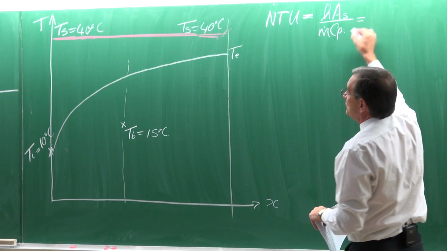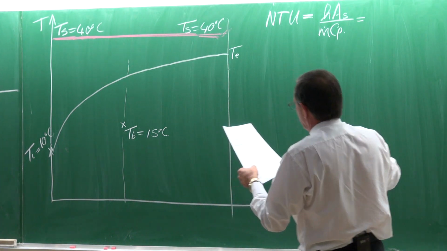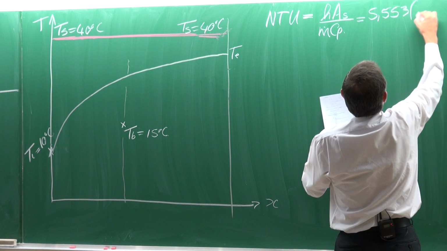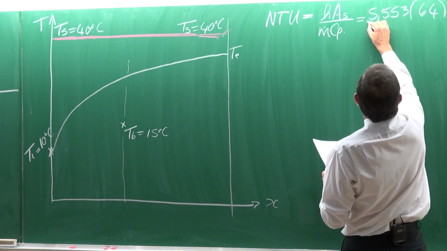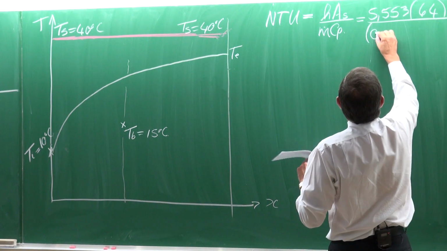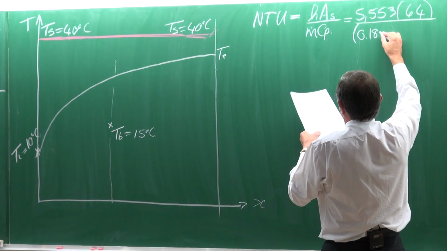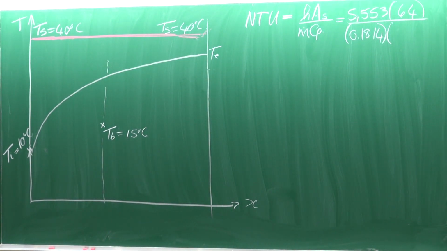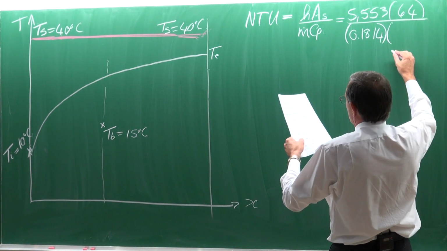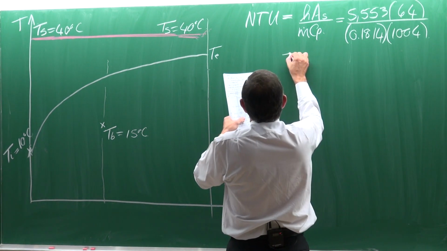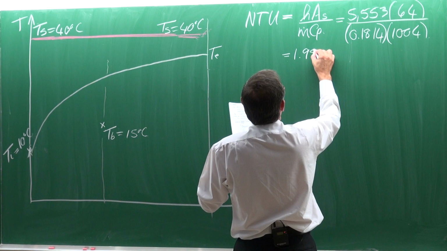The heat transfer coefficient we've calculated as 5.553, multiplied by the surface area 64, divided by the mass flow rate, 0.1814, multiplied by the CP, which is 1004, and this is equal to 1.952.